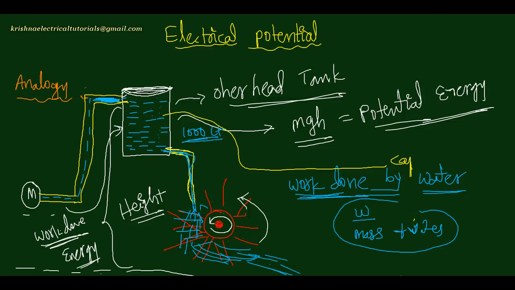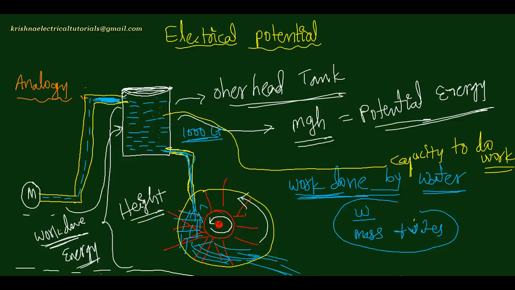capacity is what? Capacity is to do work, right? Capacity to do work. What is the work? That is to rotate the turbine. The turbine is rotated as long as the water is present in that water tank, and the turbine will rotate longer if you have more water. That means the amount of work for this turbine depends on the water present in the overhead tank, or the capacity of the tank.